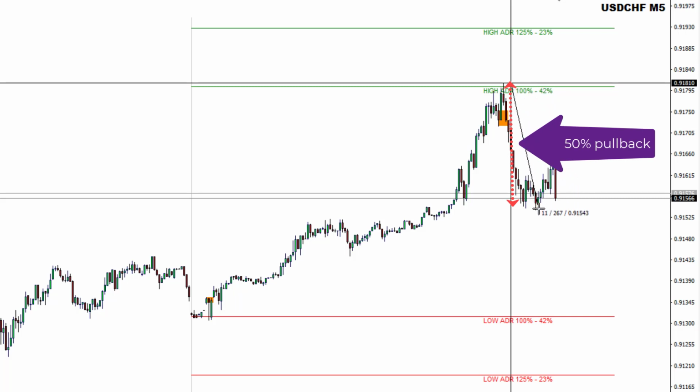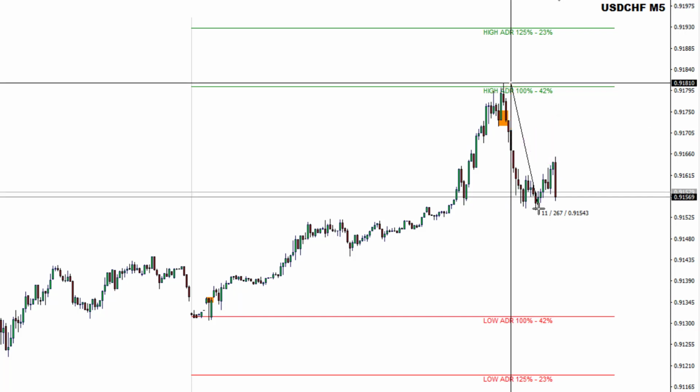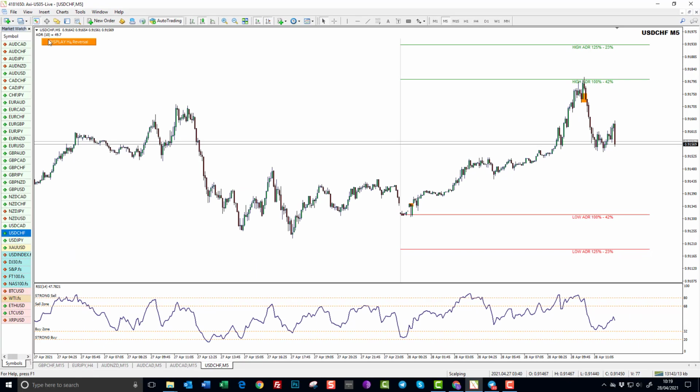And as you can see, it's hit 26, 27 pips so far today. Now that 50% is calculated on the ADR figure of the pair or the instrument that you are trading. In this case, the ADR 10 figure is roughly 50. So we'd be looking for at most really a 25 pip reversal move or pullback move on that particular currency.